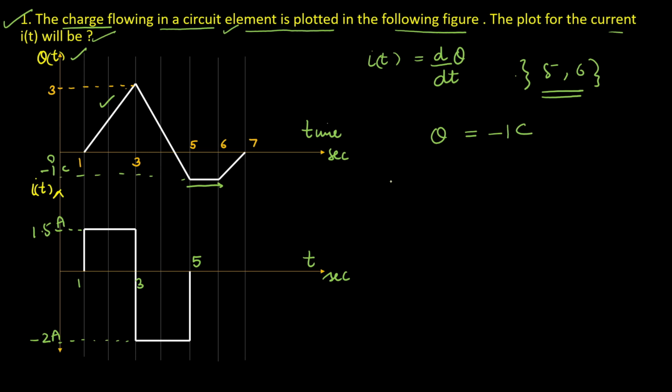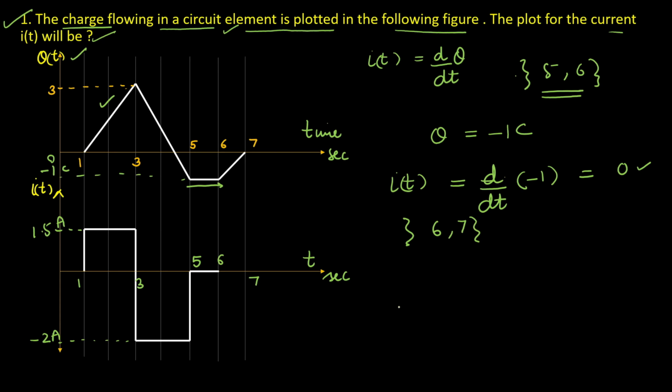The value of the current will be d by dt of minus 1, and we are getting the value of current to be 0. So the current between the interval 5 to 6 is 0 amperes.